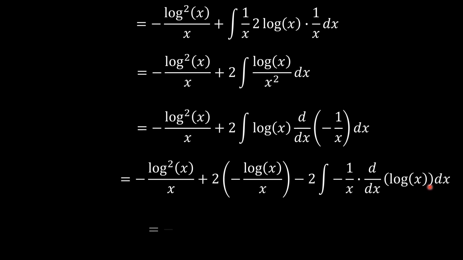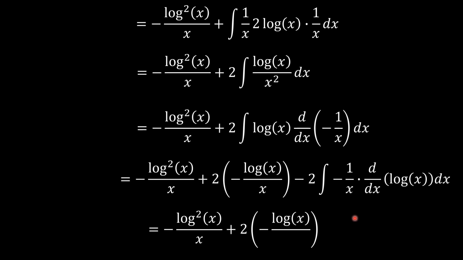And so the log of x differentiated is the same as 1 over x, and obviously this negative and these negatives will interact, and so we have plus here twice 1 over x times 1 over x.